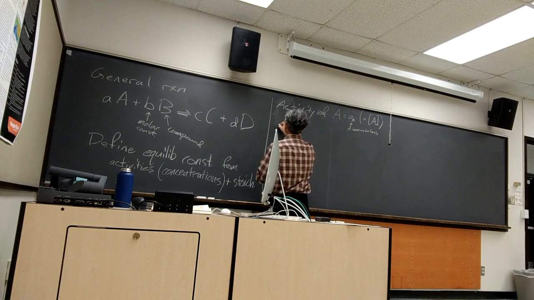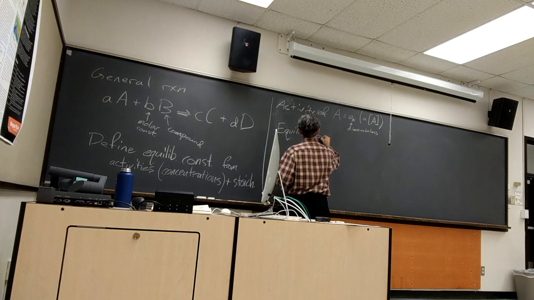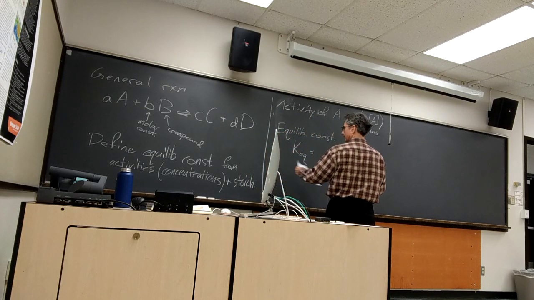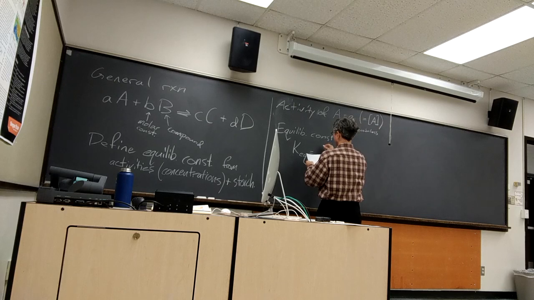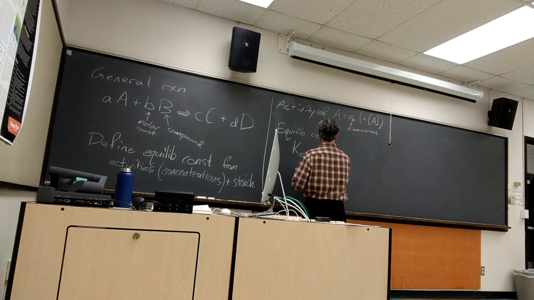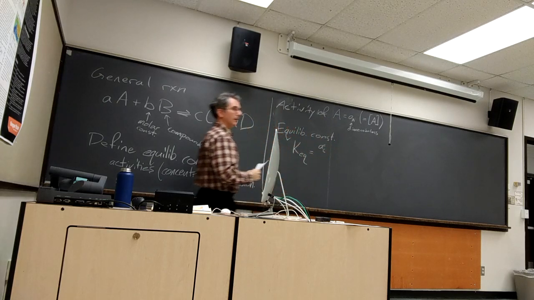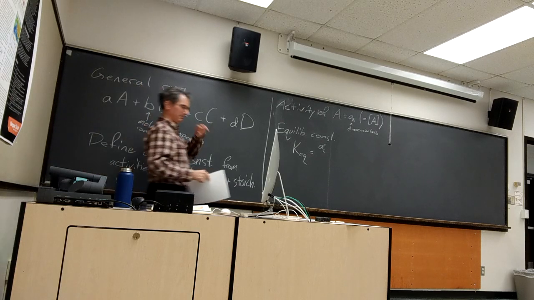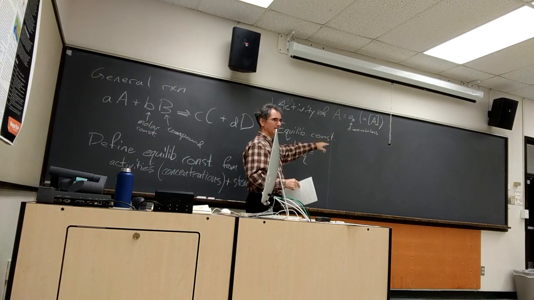So for the general reaction, big K sub EQ for equilibrium is defined by these activities. We've got activities of the products raised to their stoichiometric coefficient exponents.